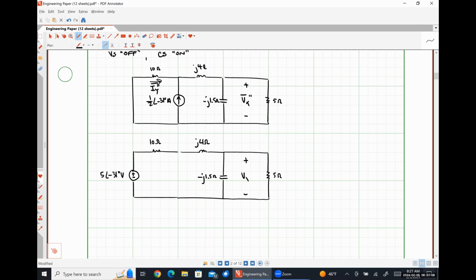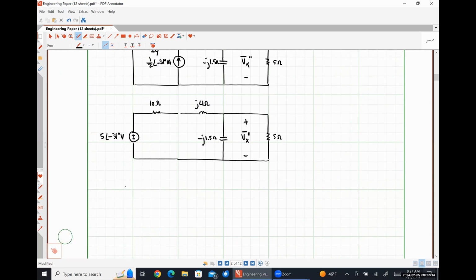And here is the VX double prime that we're looking for. So let's just apply voltage division much like we did a moment ago.